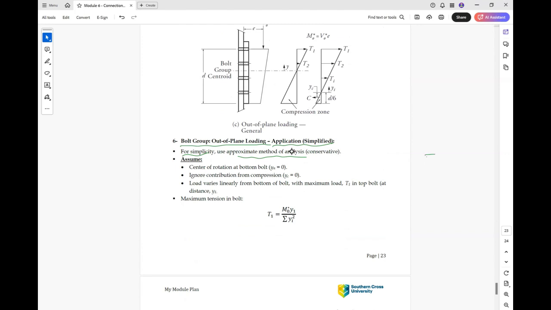So if we have a group of bolts, for example, 4, and we have V star O. So the moment on this, and this is EX.